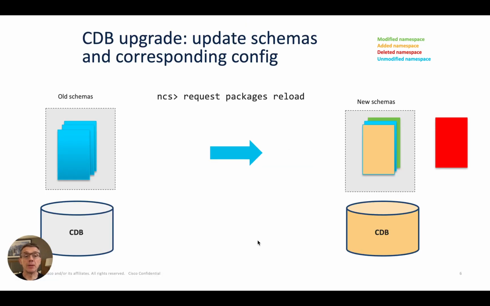When the new schemas have been loaded, the old contents of CDB must be converted to fit into the new schema. This requires work to be done by CDB, more specifically upgrade work.